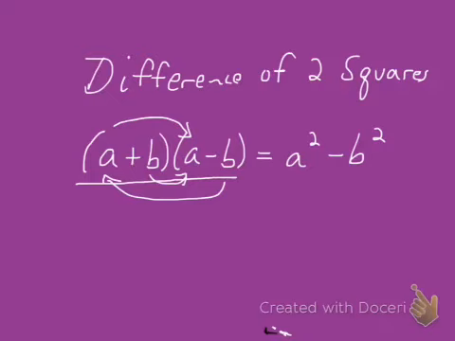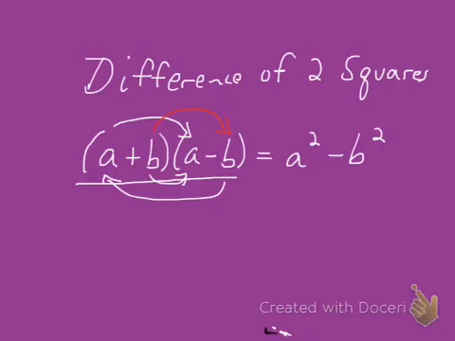Negative ab plus ab would disappear, and so you have no middle term. And then your last part would be b times b, which is b squared, and it would be minus b squared.